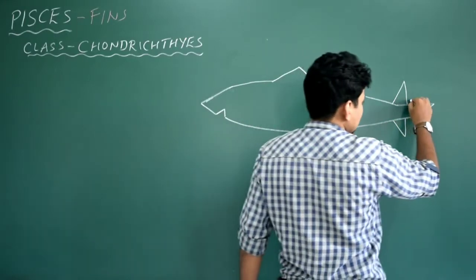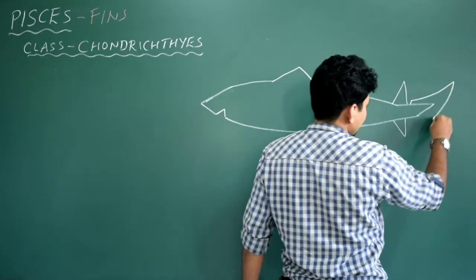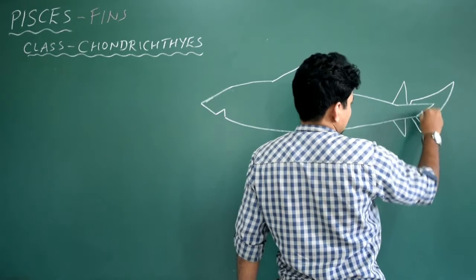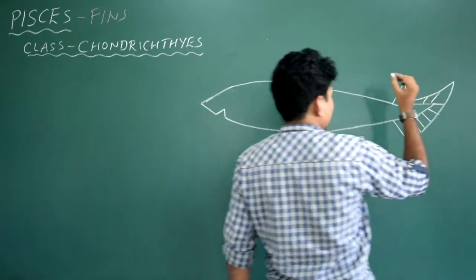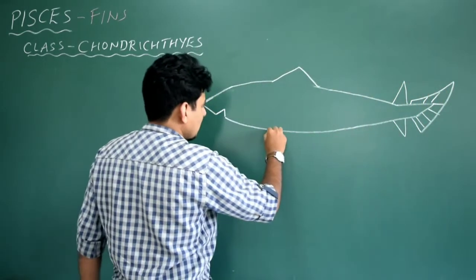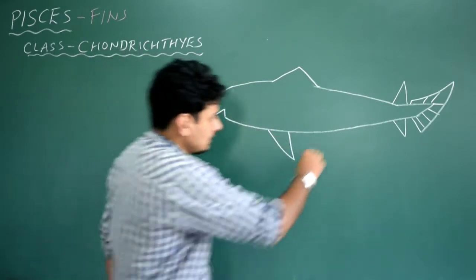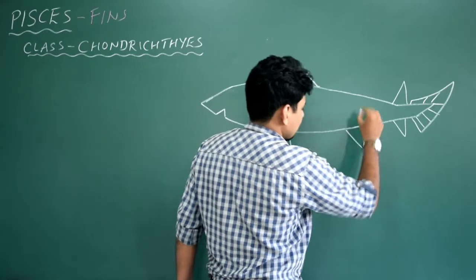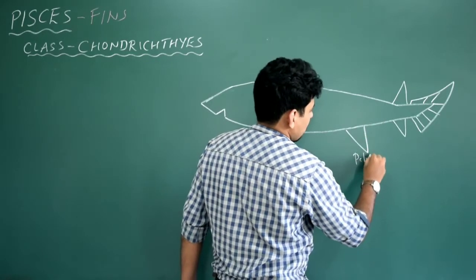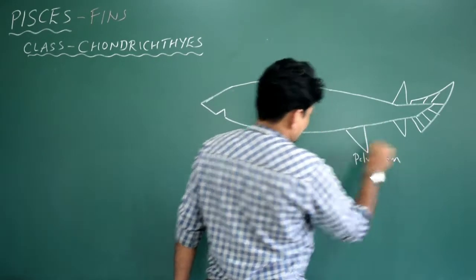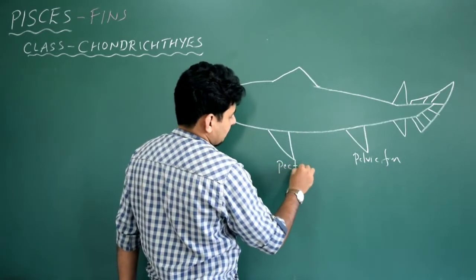And here it has got a caudal fin like this. Okay, like this, and this one is the pectoral fin, and this one is the pelvic fin. So we just write, this is pelvic fin and this is pectoral fin.